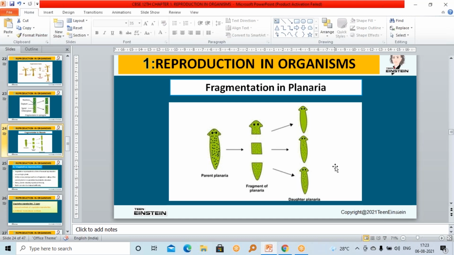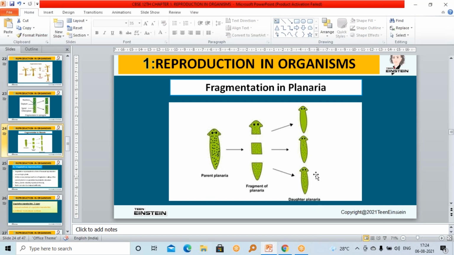Then each portion will create the remaining parts of the body, and it will form a complete body of planaria. Then daughter planarias will form.